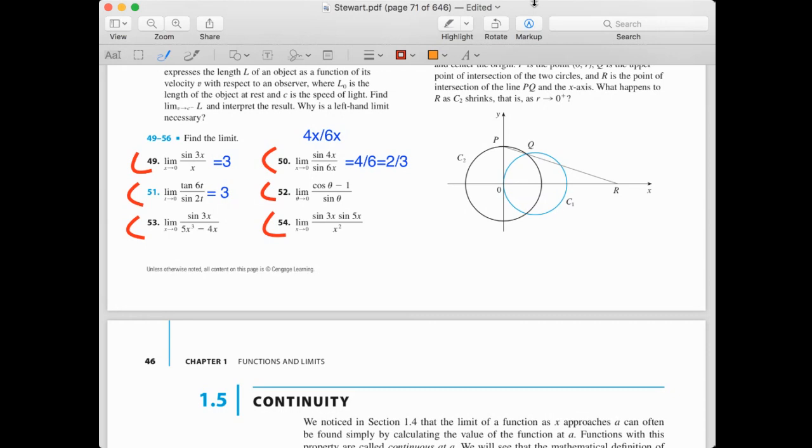The numerator is identity, so cosine squared theta minus 1 is equal to negative sine squared theta. And then you could eliminate the sine theta from numerator and the denominator, which gives you negative sine theta over cosine theta plus 1. And then after you substitute theta as 0, you get negative 0 over 2, which gives you 0.